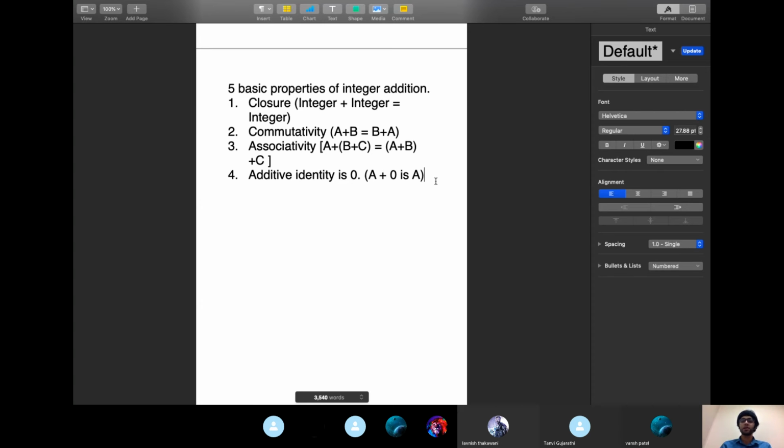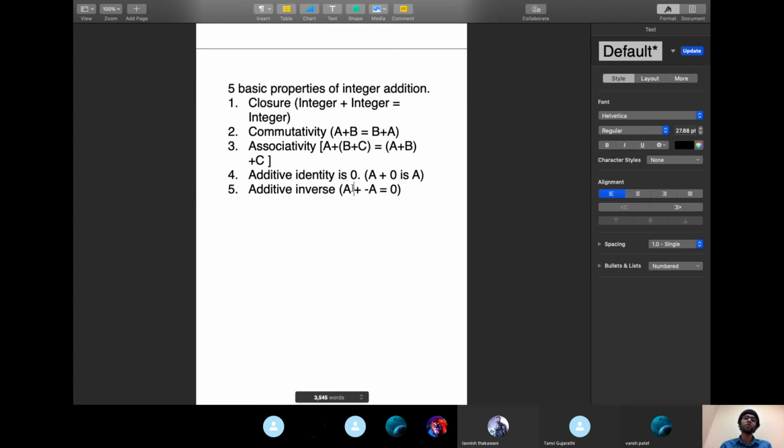Okay. Then additive inverse. Additive inverse says that for every integer there exists another integer which can be added to it to get 0, and that integer is called its additive inverse.